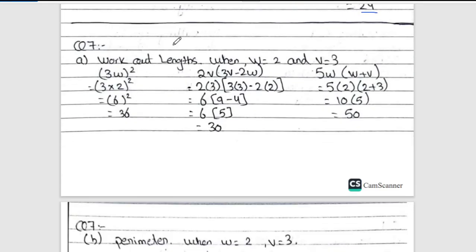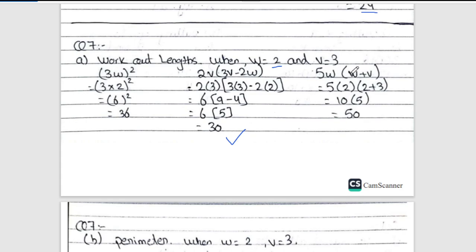So how will you find the lengths? One length is 3 into w square. 3 into 2, w is 2, so 3 into 2 is 6, and 6 square will be 36. The second length is 2v into 3v minus 2w. By putting the values of w and v, we can find the second length, which is 30.